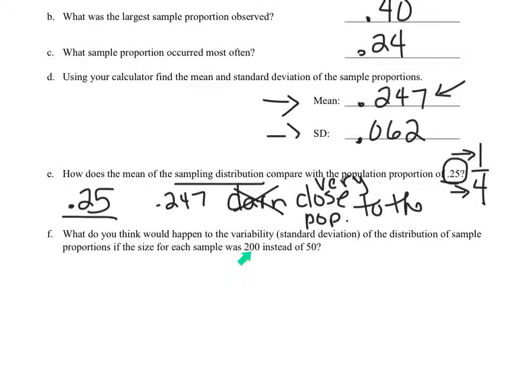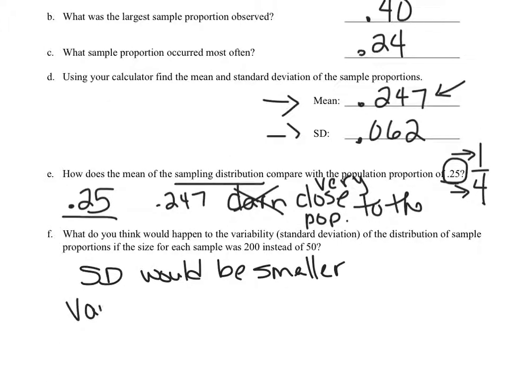What do you think would happen? Well, the standard deviation would be smaller. What that means is the variability would decrease. It wouldn't vary as much.